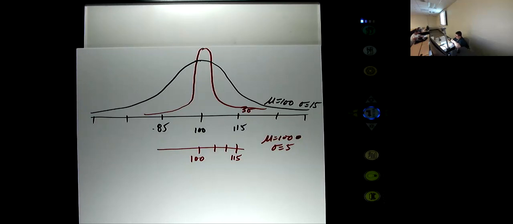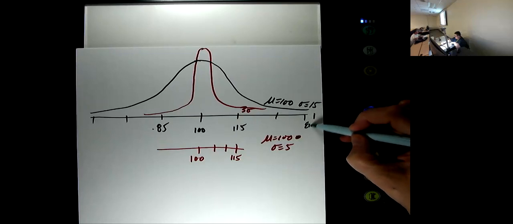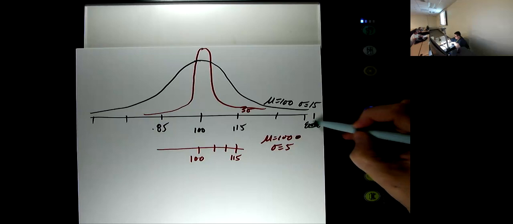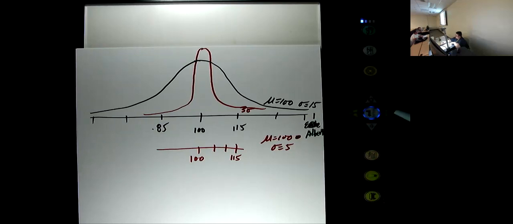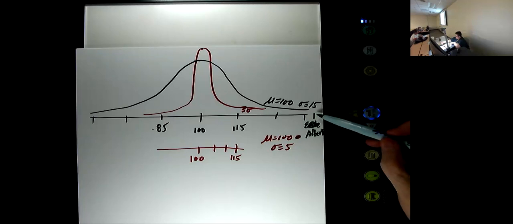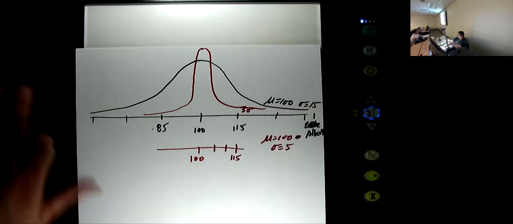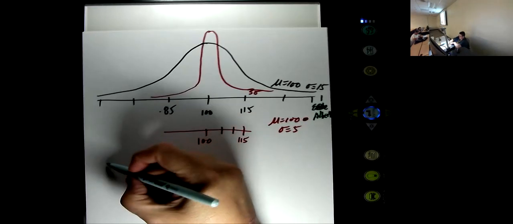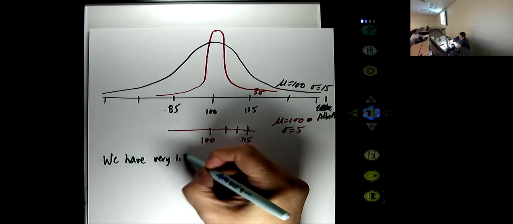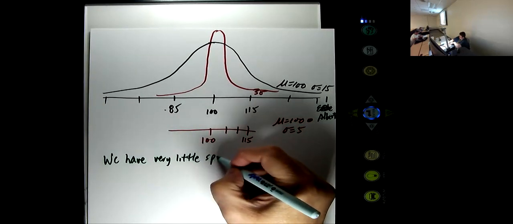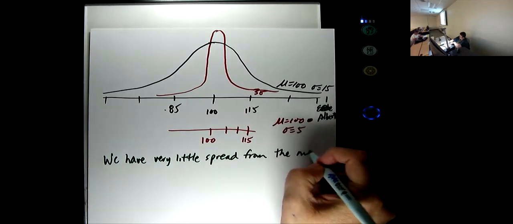But now all the outliers, like Albert Einstein, are way over here. His score has now been averaged in, and now rather than having these big deviations, we have very little spread from the mean.